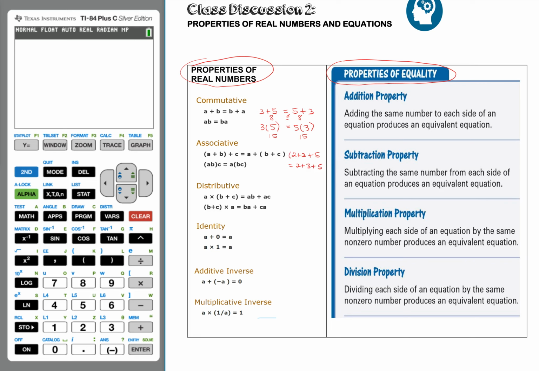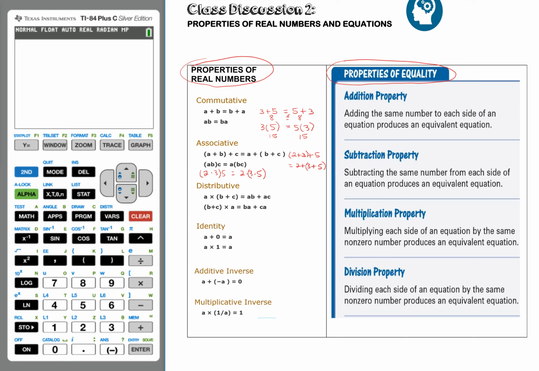So here you can either add the first two numbers or add the last two numbers. And that is also true for multiplication. If you have 2 times 3 times 5, you either multiply the first two numbers or multiply the last two numbers. And that is what we call associative property.